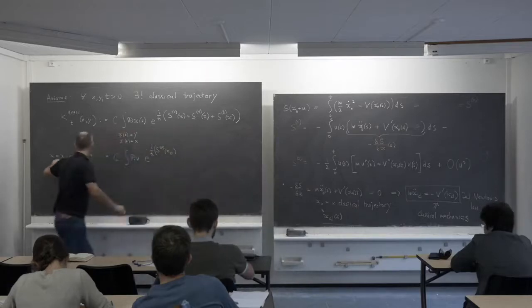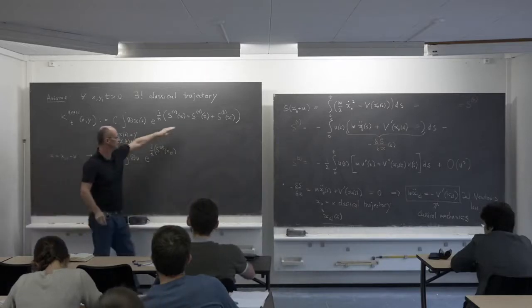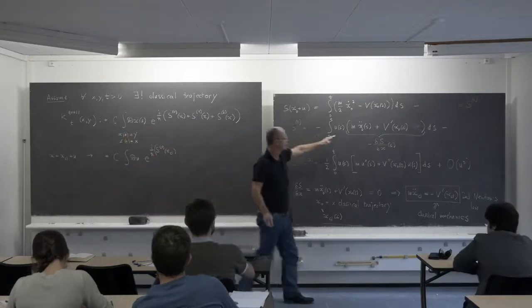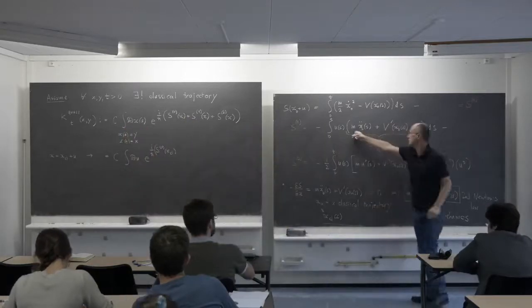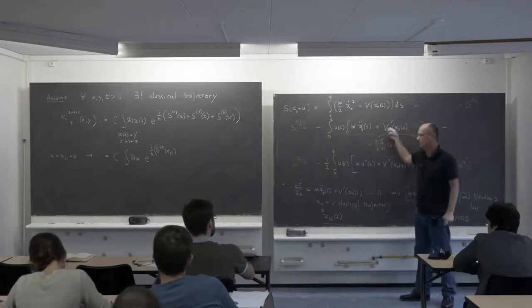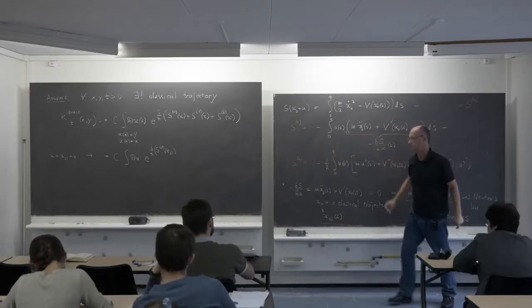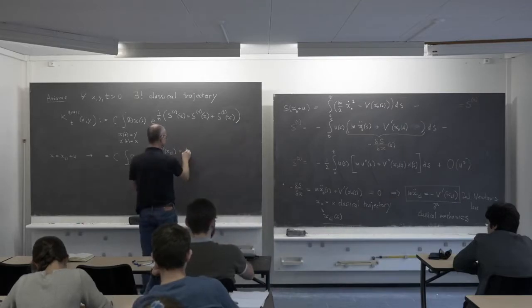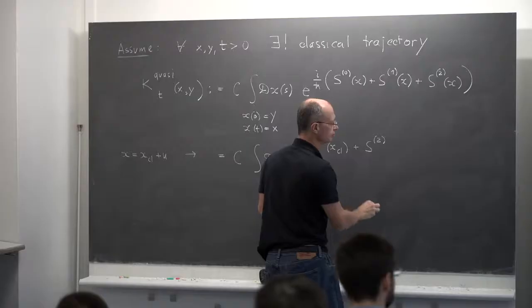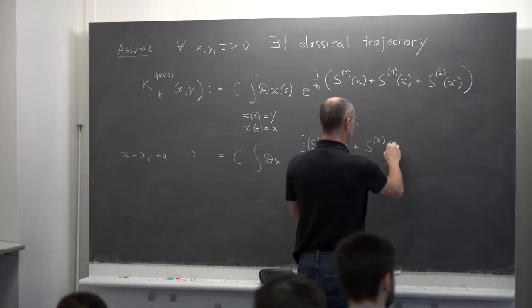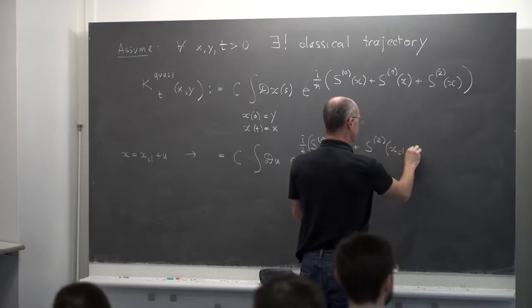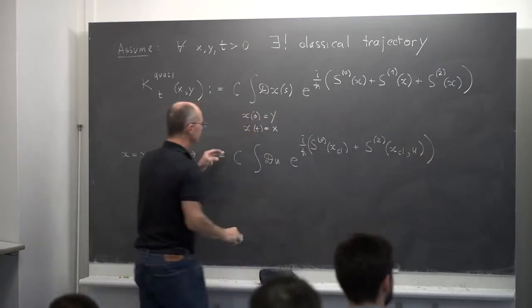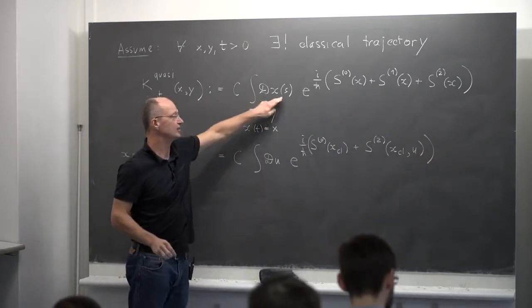Now, if I substituted x classical, S1 will be vanishing, right? So actually, x classical is exactly the solution of the equation that this expression is 0, right? And then there will be S2, which depends on x classical and on u.